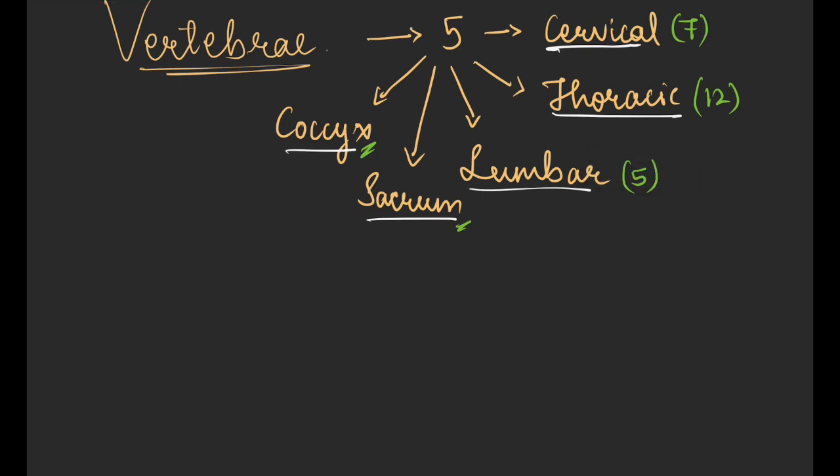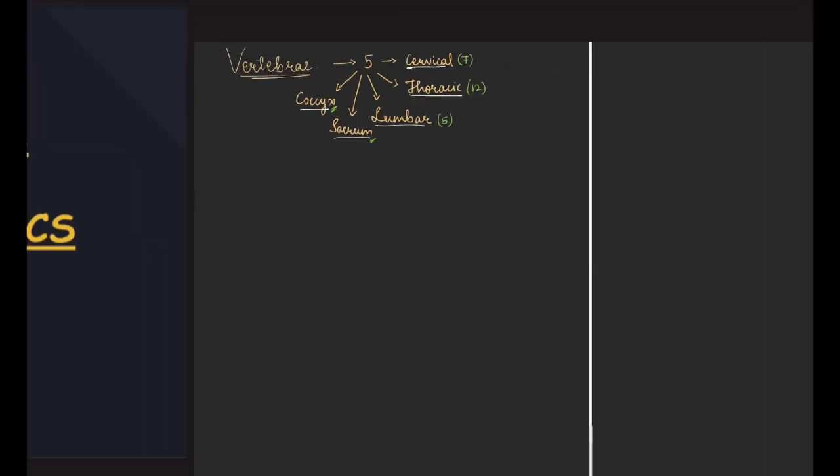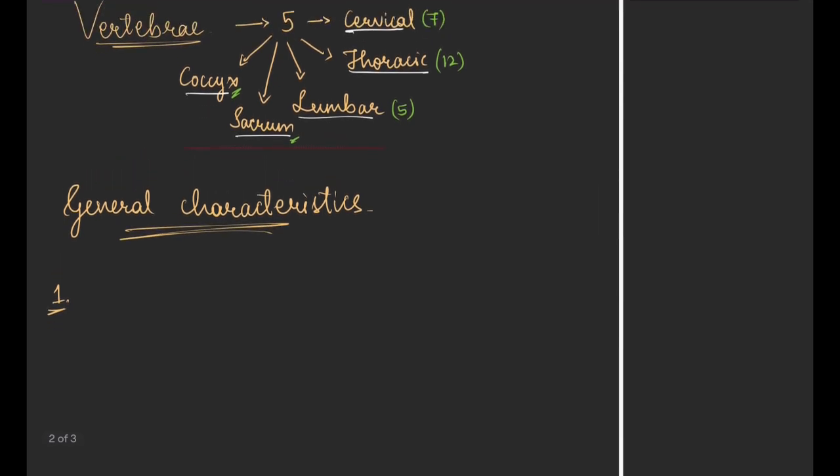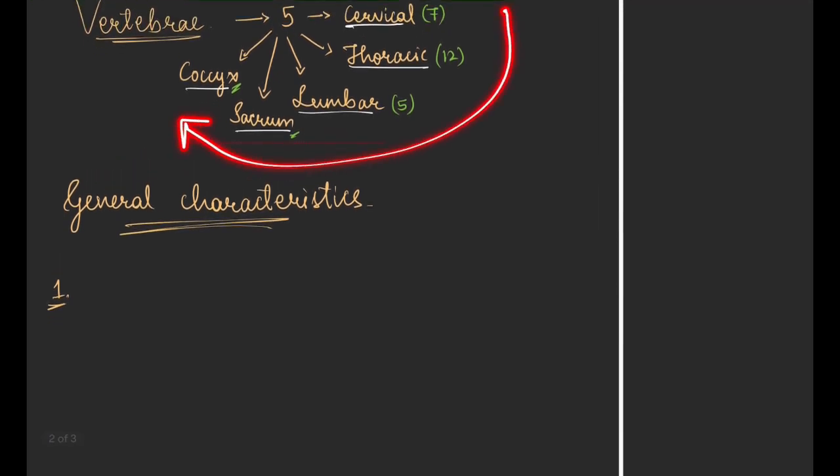Now, what are the characteristics? Firstly, all these have a body. Each vertebra has its own body.